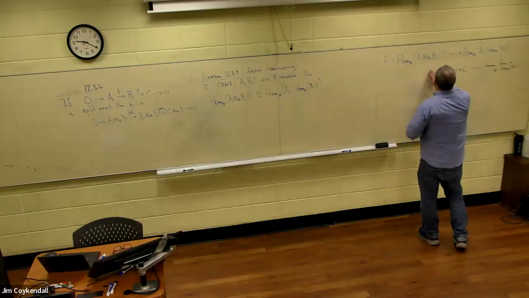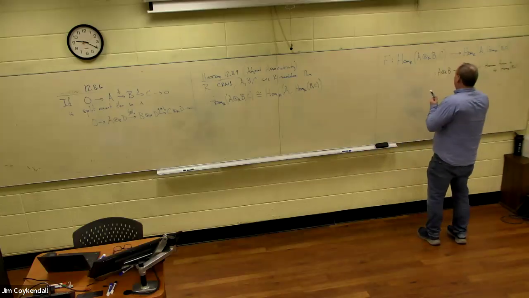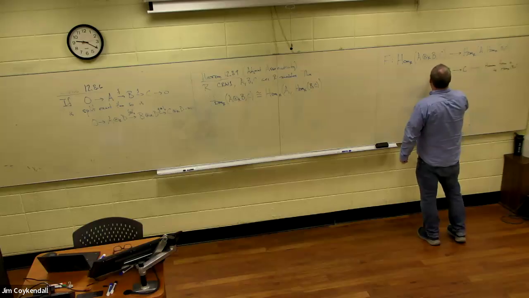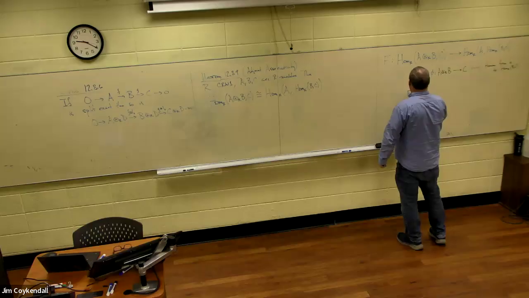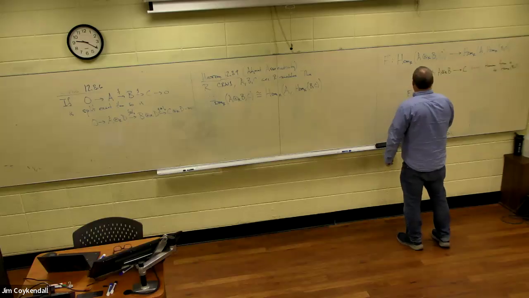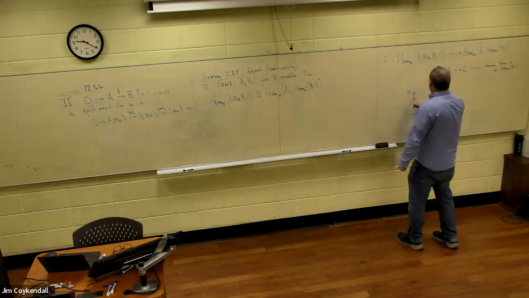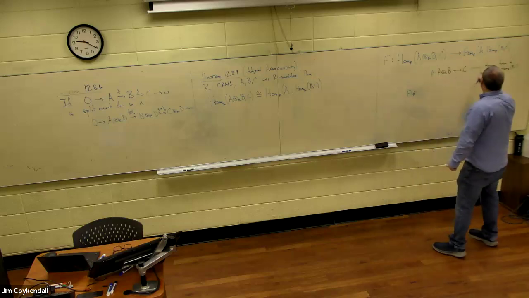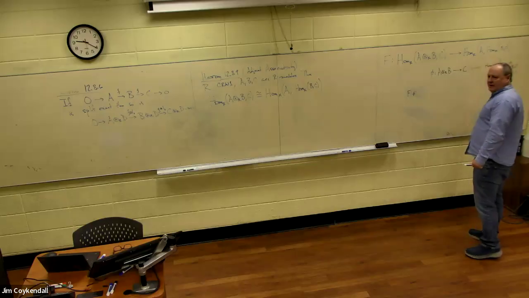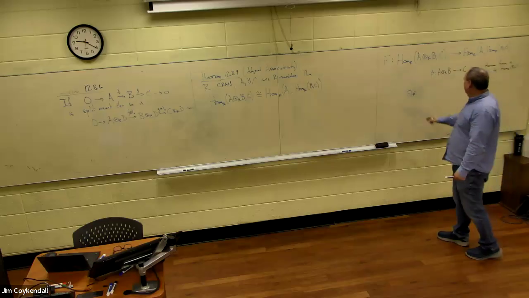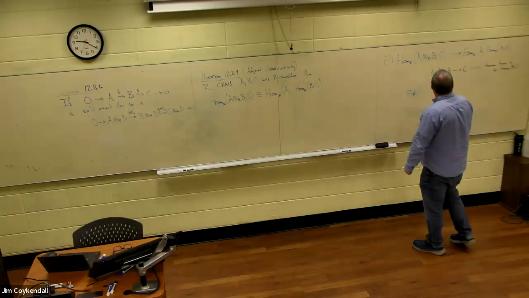Let me call this phi, so it will distinguish it from my F here. That might be a little bit easier. F of phi should now be a homomorphism from A to the homomorphisms of B to C.